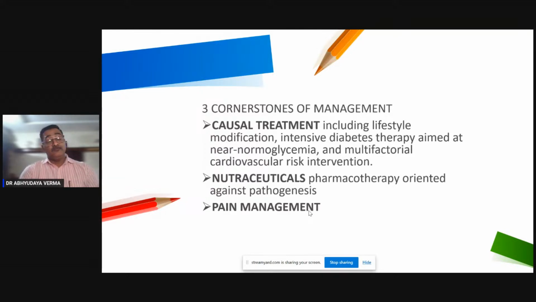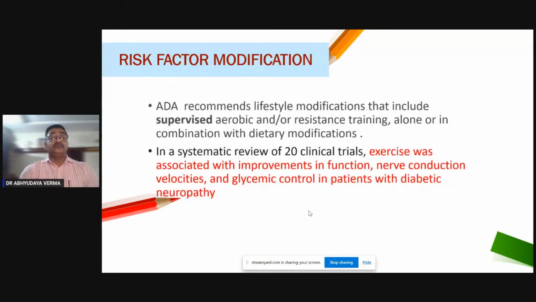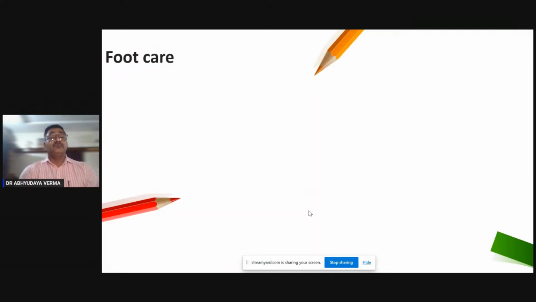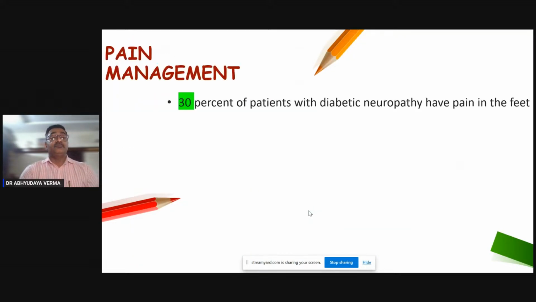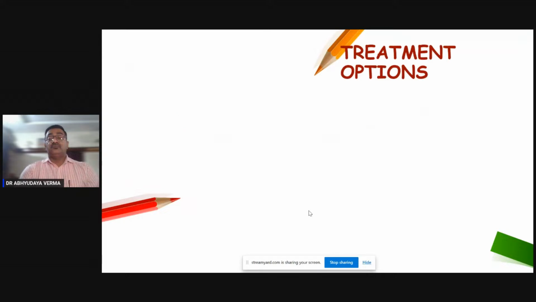And obviously it is quite painful, so pain management is also important. Glycemia control is important. Then we have all these things: the exercise, the balance training, anti-sedentary behavior, diet modifications, foot care, which the patient should implement on a daily basis.